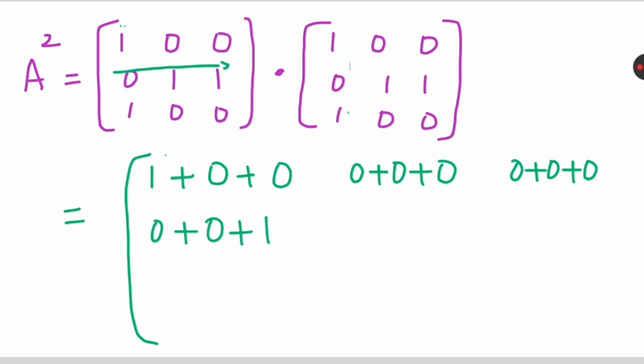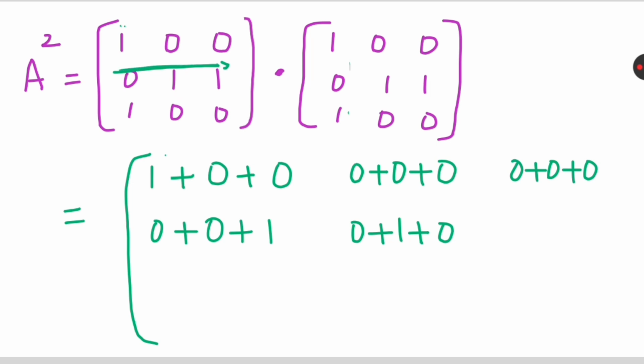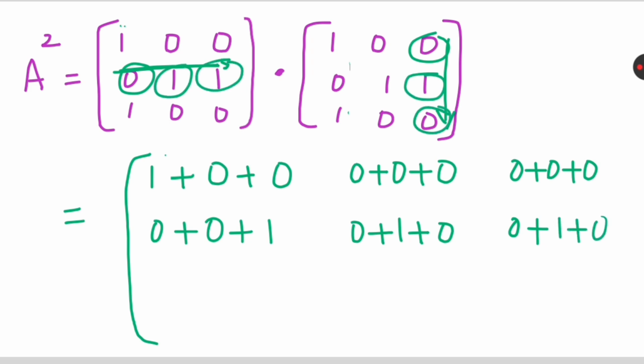Now the second row with the second column: 0 times 0 is 0, plus 1 times 1 is 1, then 1 times 0 is 0. Now the second row with the third column.